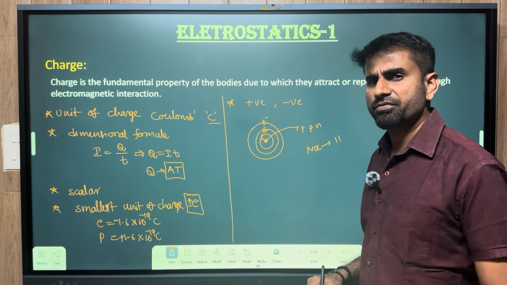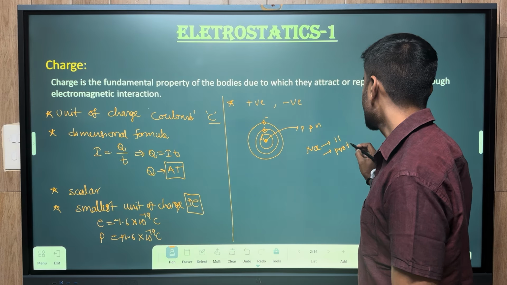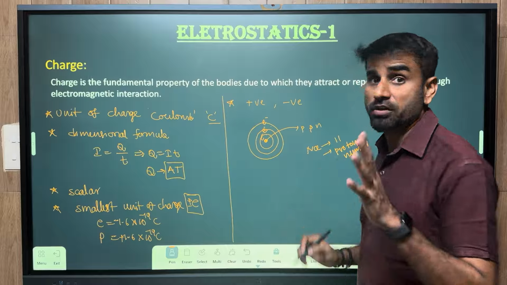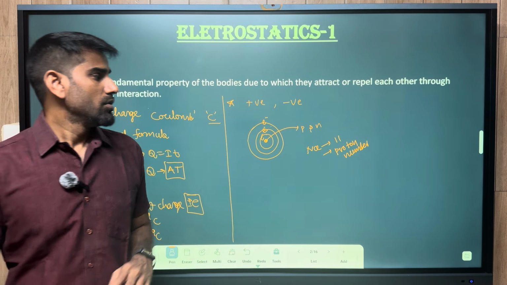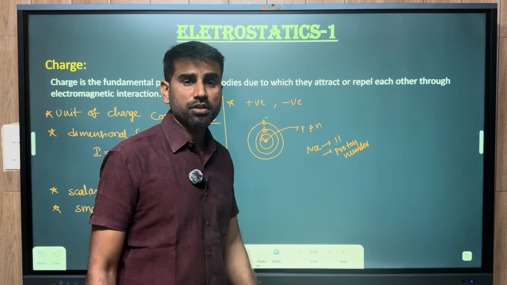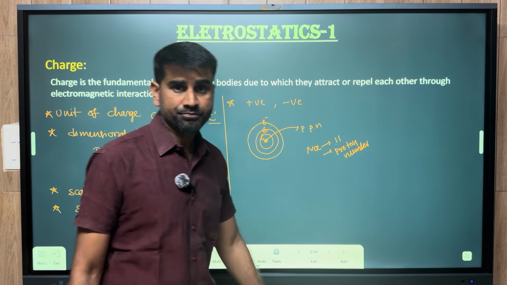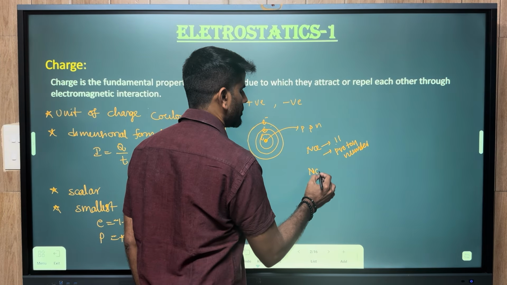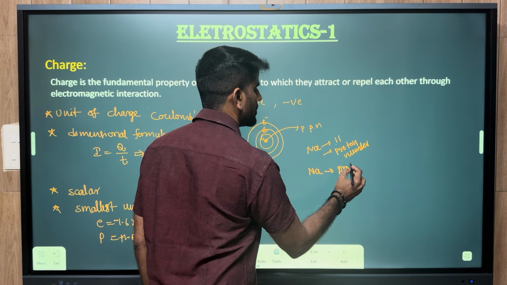This atomic number is defined by using the proton number, not the electron number, because electrons can be removed or added. So Na has 11 electrons and 11 protons, and this atomic number 11 is defined based on the number of protons. Let's say I have removed one proton.